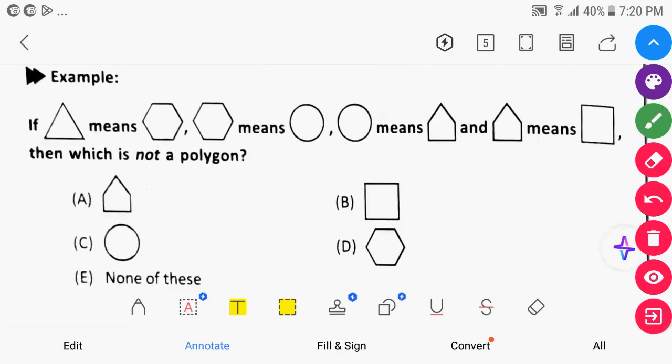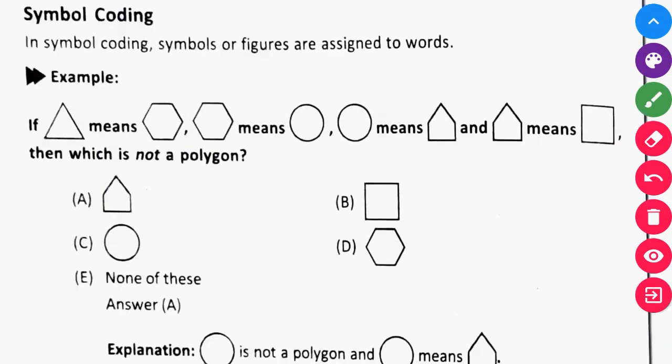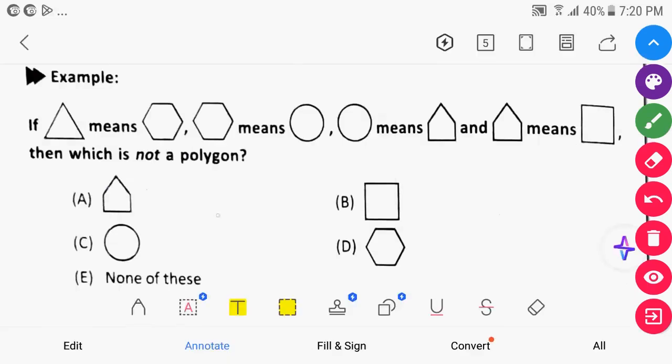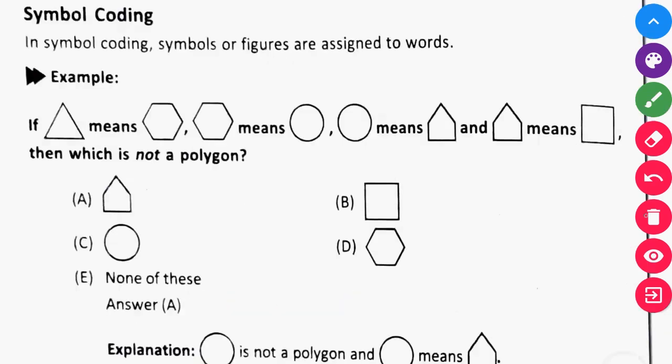Okay, now which is not a polygon here? Circle is not a polygon in our definition. Okay. So here circle means what? Circle means pentagon. So pentagon is not a polygon.